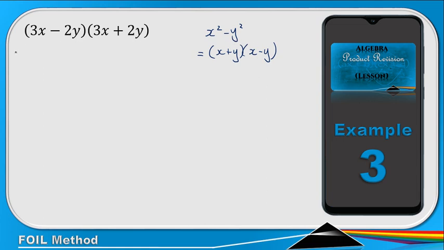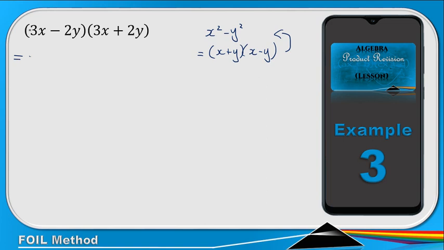So instead of going all the way and FOILing it out and doing all that work, we can actually just work backwards to difference of squares. What we're going to do is say this x, you square it.